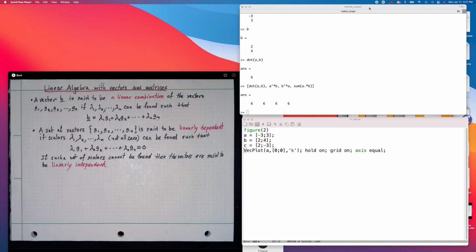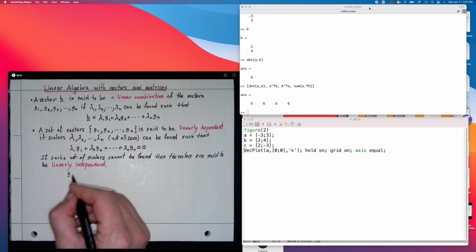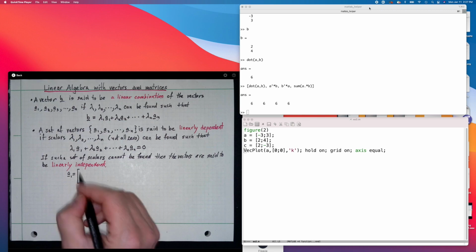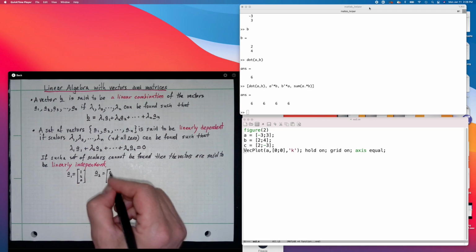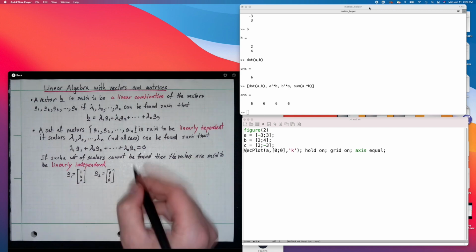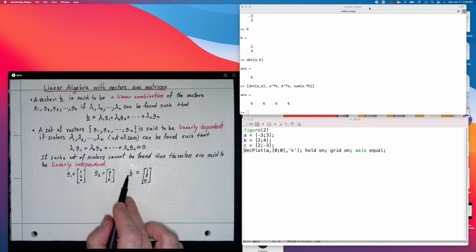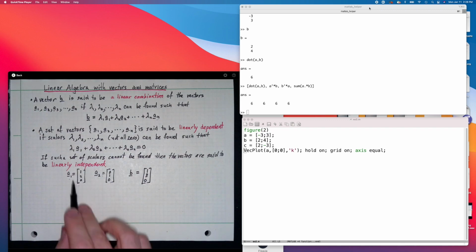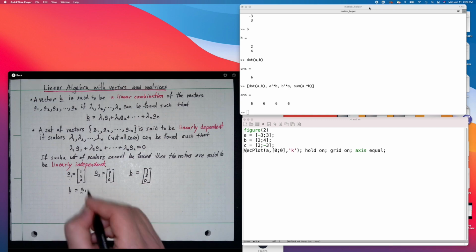So here are some examples of vectors that are a linear combination of others. If I create the vectors a1 equals, let's say, 1, 2, 0, and a2 equal to 0, 1, 0, and then I find the vector b equal to 1, 3, 0, then b is going to be a linear combination of a1 and a2, because b is equal to a1 plus a2.